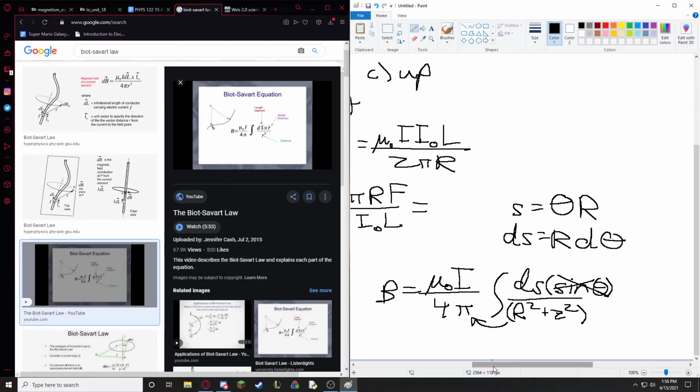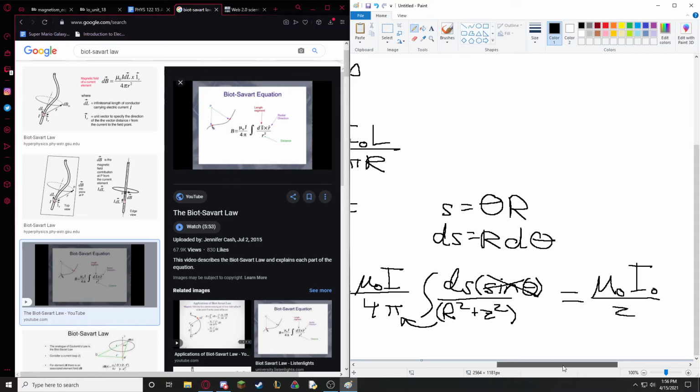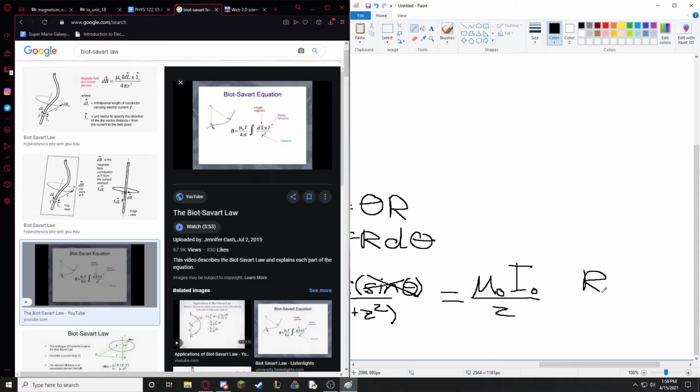Essentially, this is a bit further than what you guys are taking a look at in this class, but our total magnetic field would actually end up being mu naught I naught over 2 times our big radius R squared over R squared plus z squared to the 3/2.